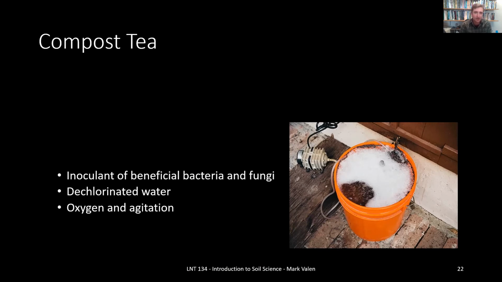So you're not going to drink compost tea, hopefully. But it's basically taking the high value minerals and the living organisms that are present in finished compost. And then you can add that to water with oxygen, and you can grow the biology, you can grow the population into the volume of water that you add.